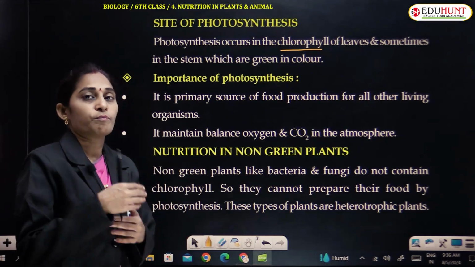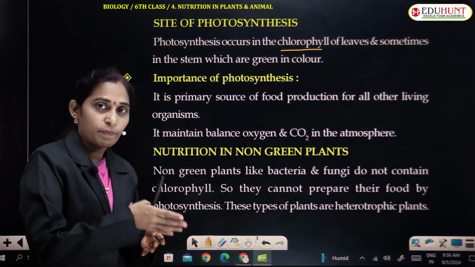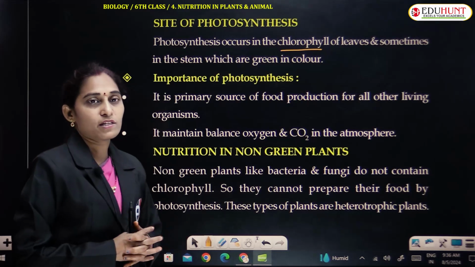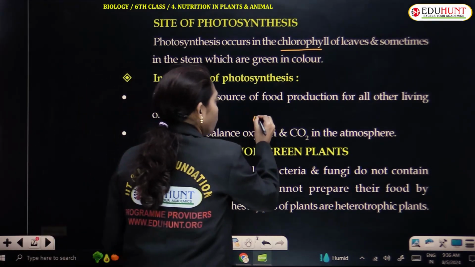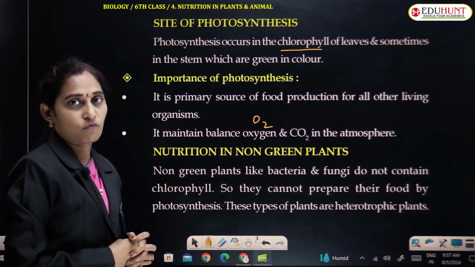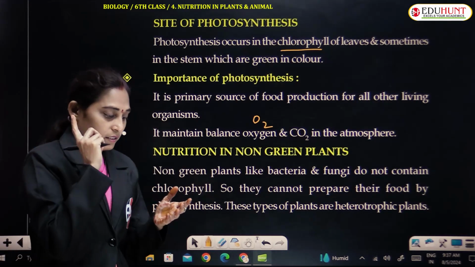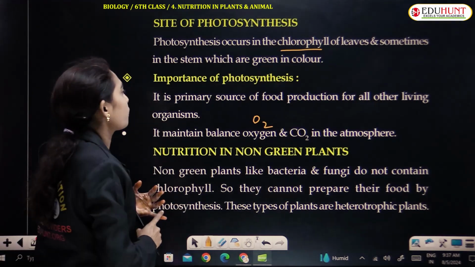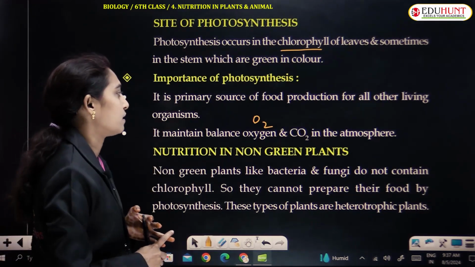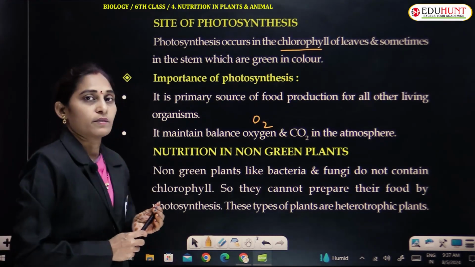That is why plants are the primary source of food for all organisms. It also maintains the balance between CO2 and O2 in the atmosphere.